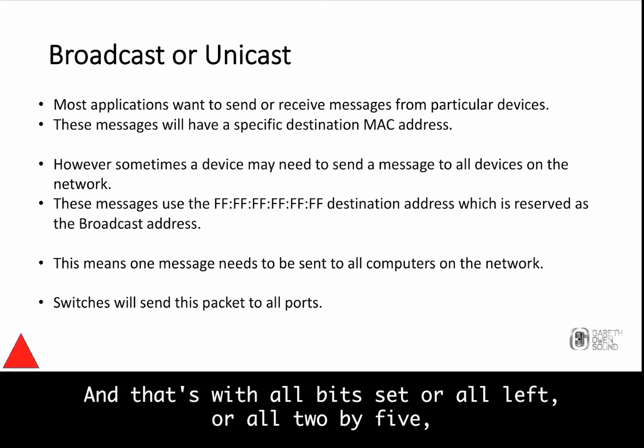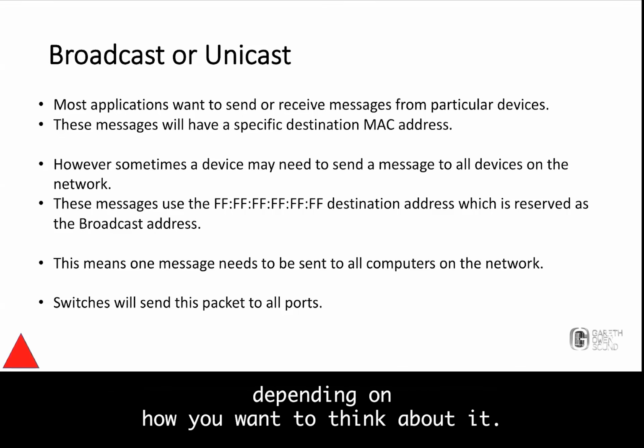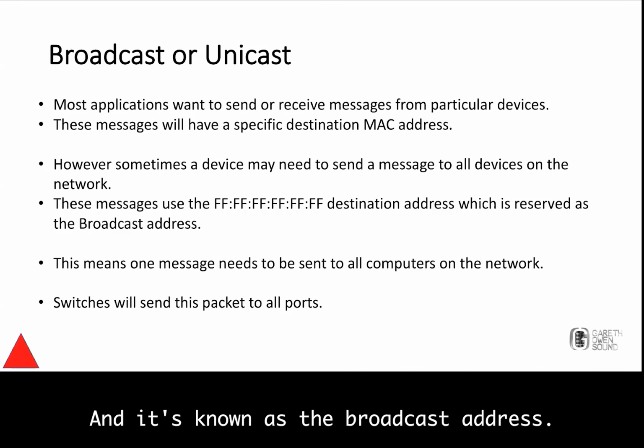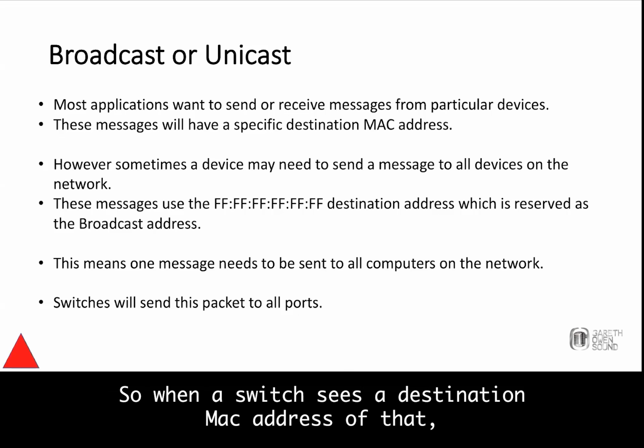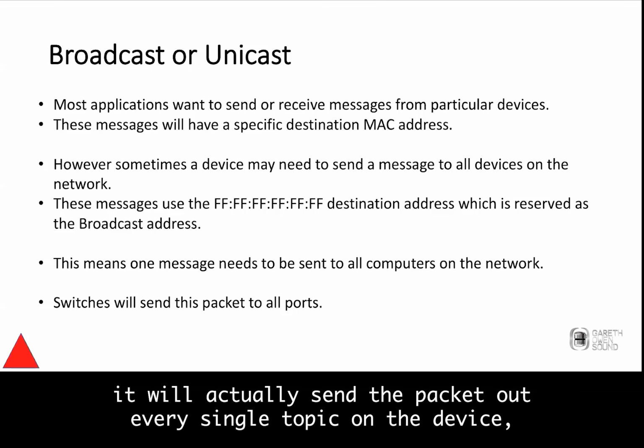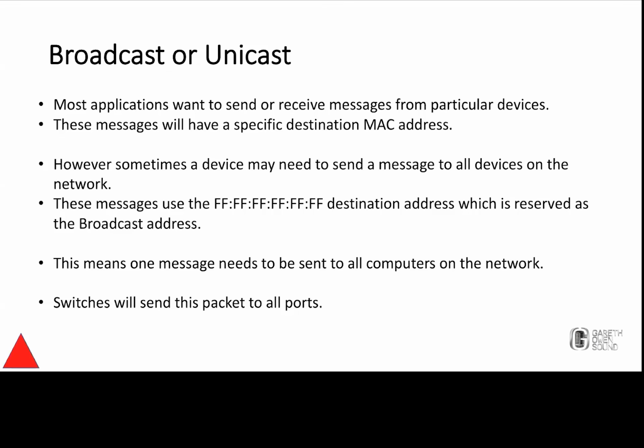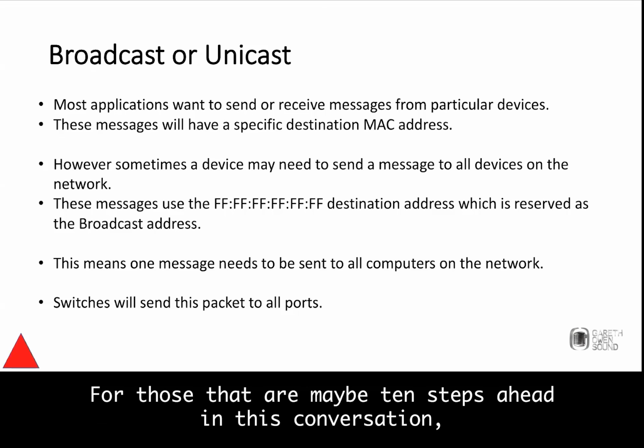That's with all bits set, or all FFs, or all 255, depending on how you want to think about it. It's known as the broadcast address. So when a switch sees that destination MAC address, it will send the packet out every single socket on the device, regardless of IP address, for those that are maybe 10 steps ahead in this conversation.